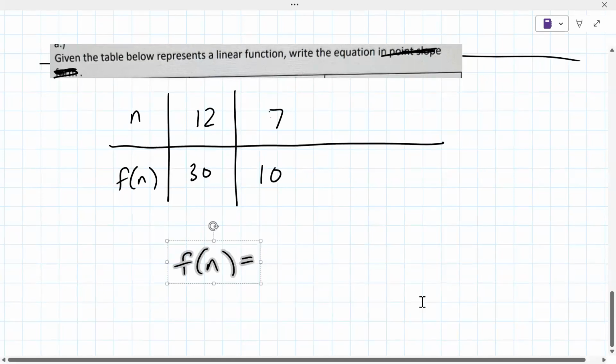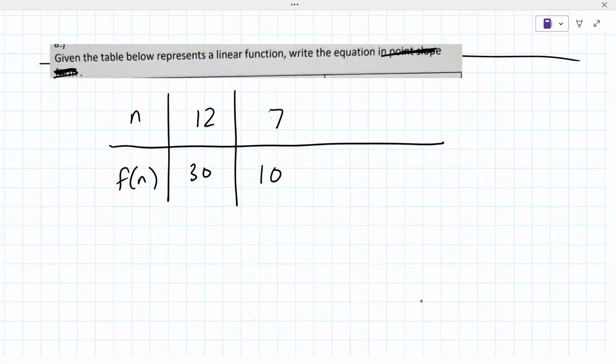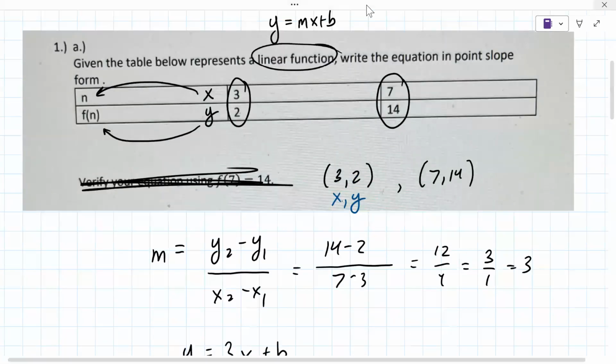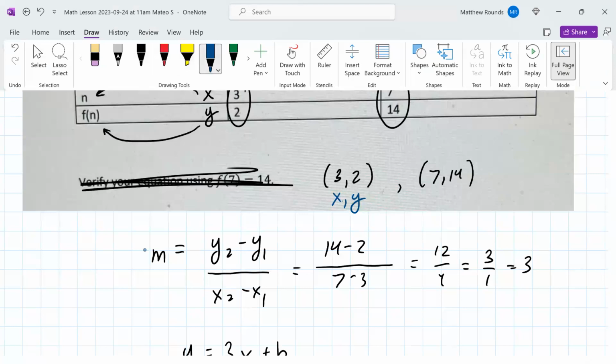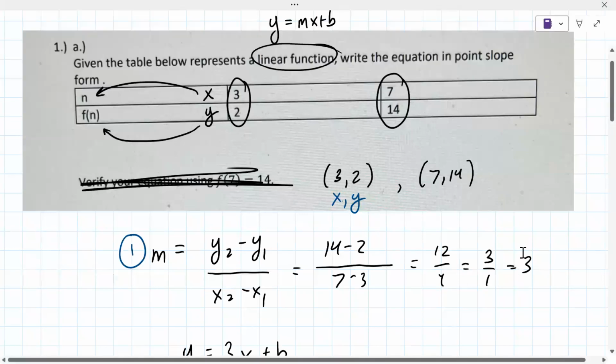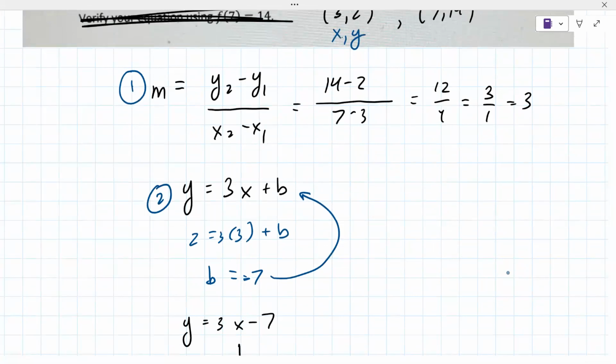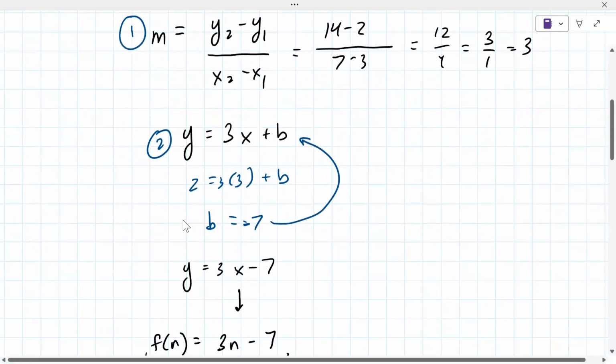No, no. So the steps here, let's just number the steps. The first step is to determine the slope. You've done that. You said your slope is 4. That's great. Then you write the equation, and then you solve for b.